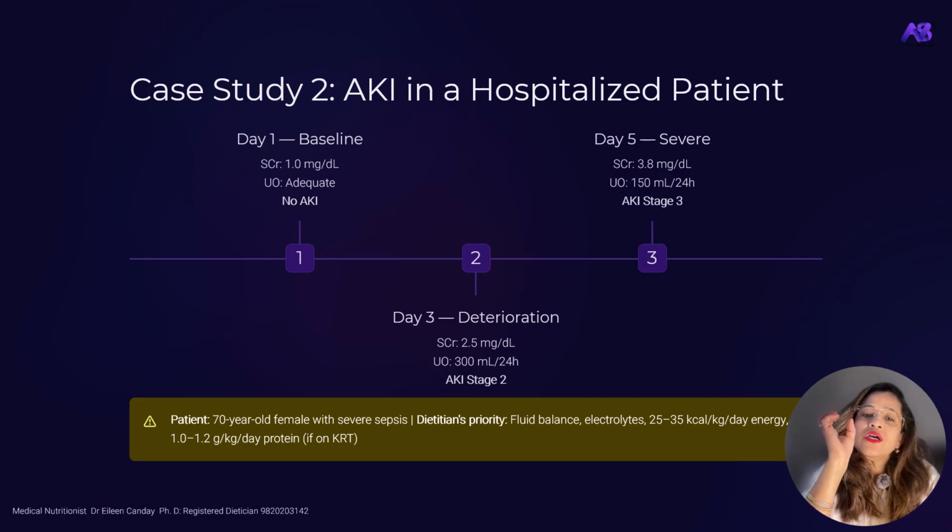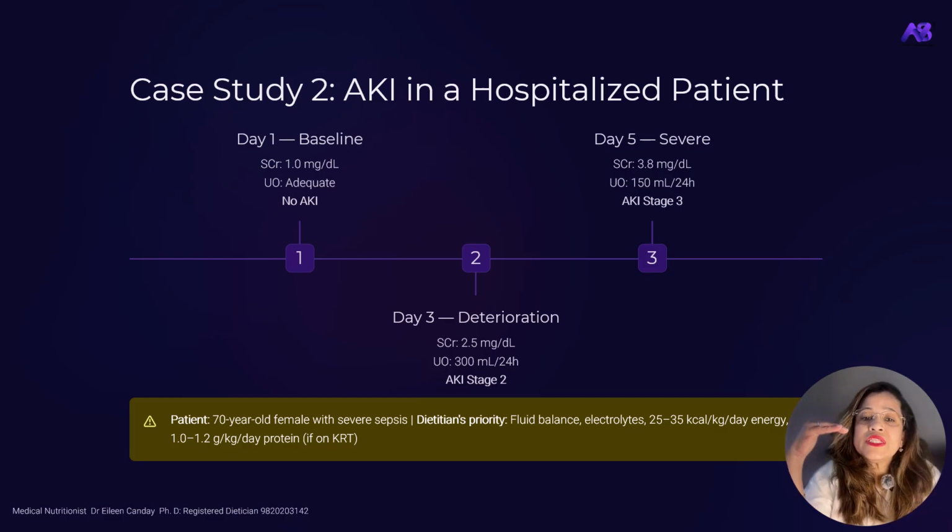So as a dietitian, your focus has to shift with the kidney function decline. Here, you have to carefully look at the fluid balance and the electrolyte balance. You have to provide a sufficient amount of energy, 25 to 35 kilocalories.